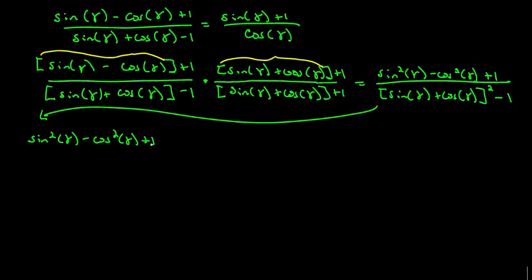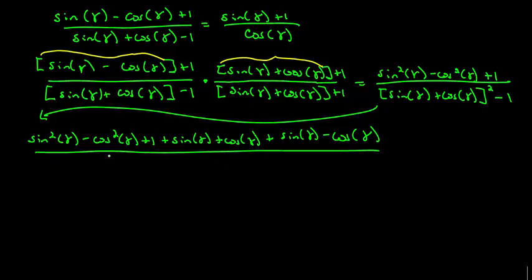Now the inner terms multiplied together are going to be 1 times this mess, so it's going to be plus sine plus cosine, and then 1 times this mess over here, so plus another sine, but minus a cosine. And that whole thing is going to be over sine gamma plus cosine gamma squared minus 1.